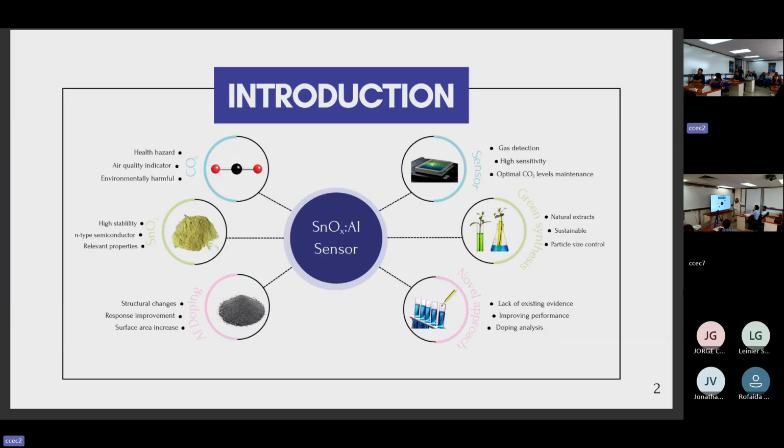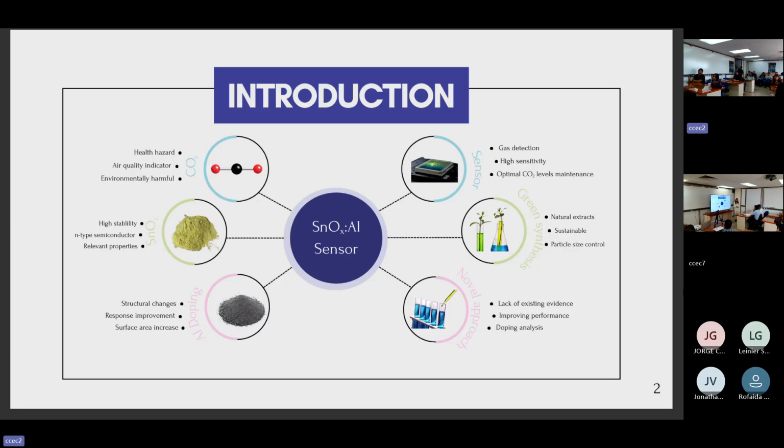We begin with some introduction. Carbon dioxide is a key greenhouse gas in the atmosphere, and it is also an air hazard and air quality indicator that involves environmental properties and is environmentally harmful.